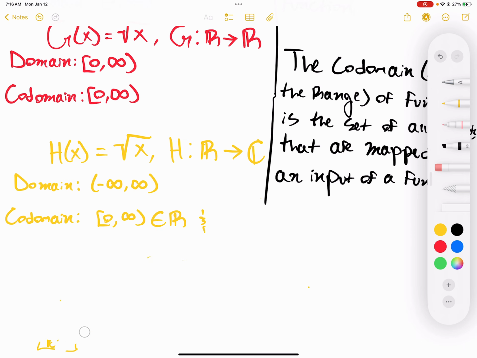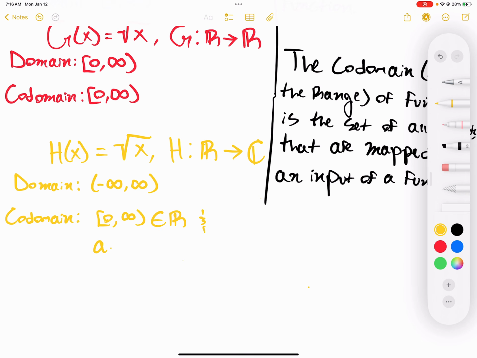Let me erase this, and then let's write out the second part of our codomain, because we already wrote out one part of it. If we input positive numbers, say 1, 4, 9, then we get out some positive real number. But if we input negative numbers, then we get out some number of this shape.